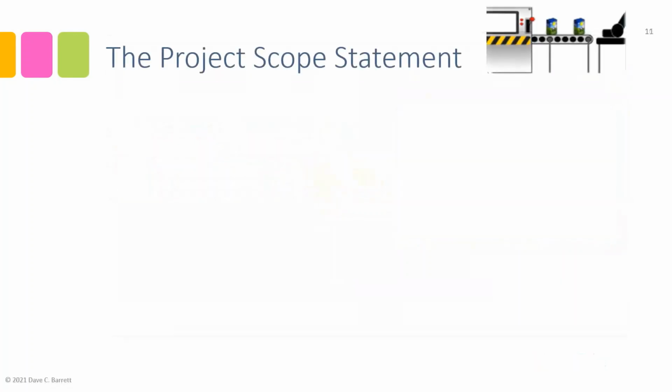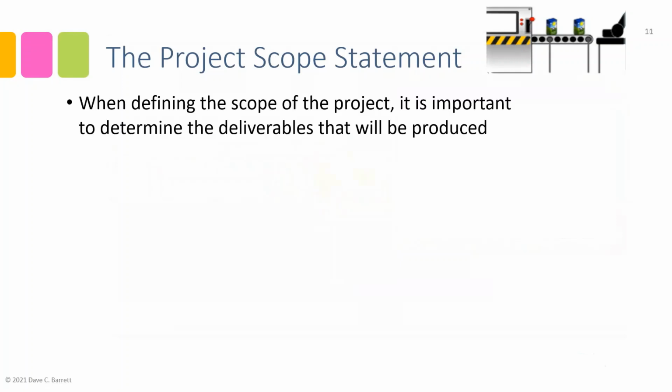Okay, so now we saw the next step taking place is the development of the project scope statement. When defining the scope of the project, throughout that video, we're seeing the scope converted from requirements to actual deliverables that will be included in the scope of the project.